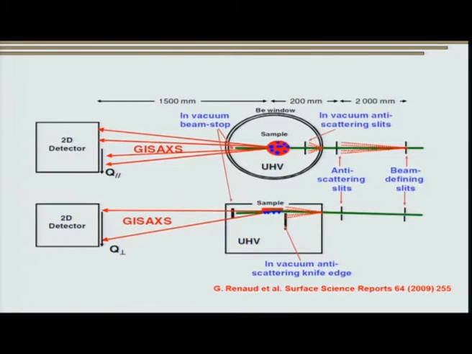So this shows the same thing in a different assembly. Again note the distance between your sample and the detector is huge, and there should be a beryllium window over here so that your X-rays can pass. You see how small the angle is, and here you get all the in-plane information straight away on your 2D detector, while the out-of-plane information is over here, Q perpendicular.